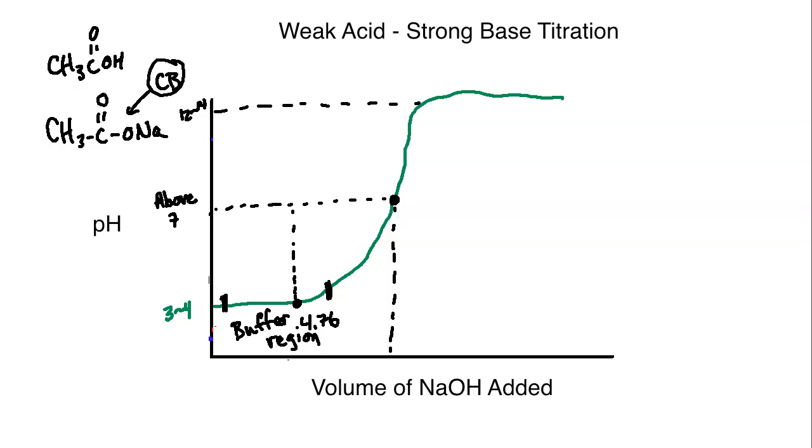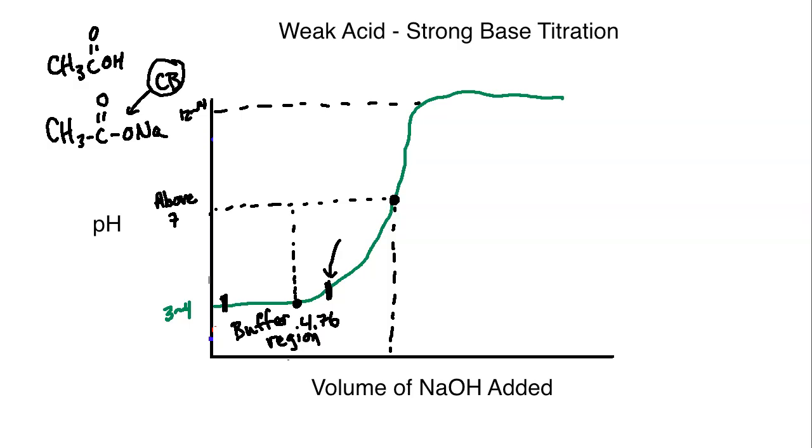But at a certain point, you will override the buffering capacity as you continue to add strong base and pile it on, and at that point you start to shoot up quickly, you hit an equivalence point, and then the solution obviously becomes very basic afterwards, when you have hydroxide sitting around free in solution after the titration is over.